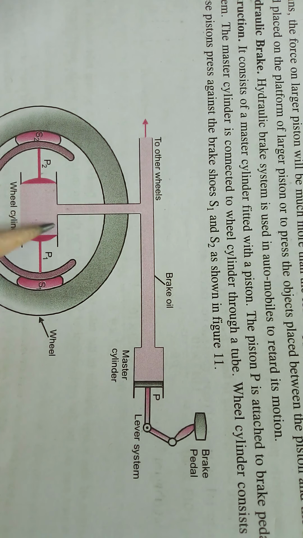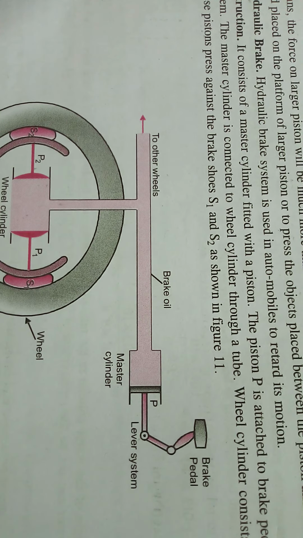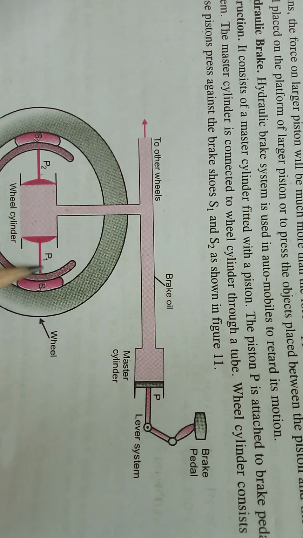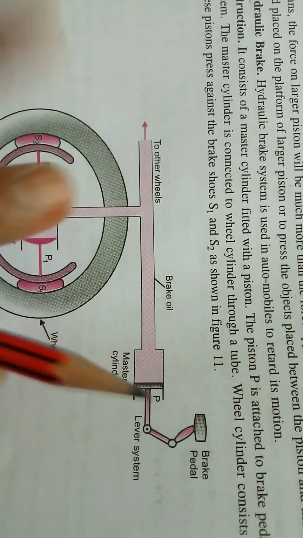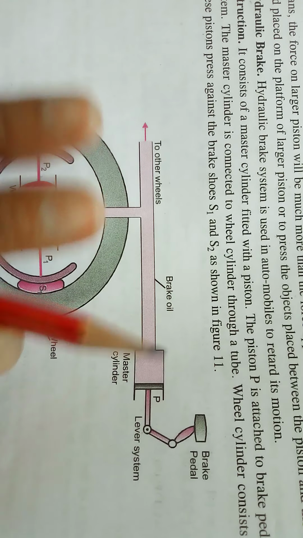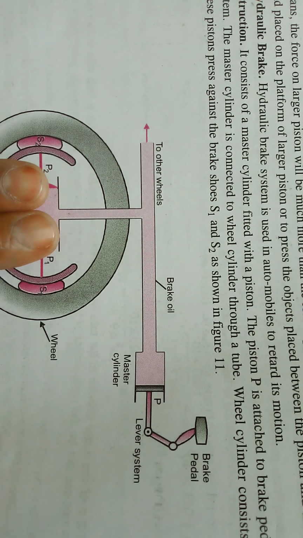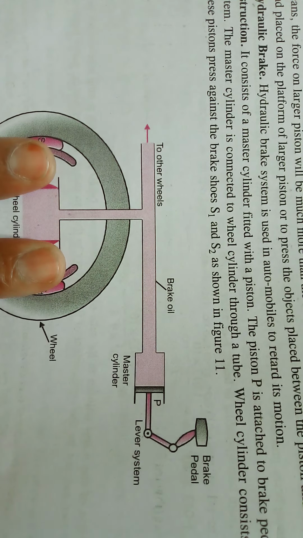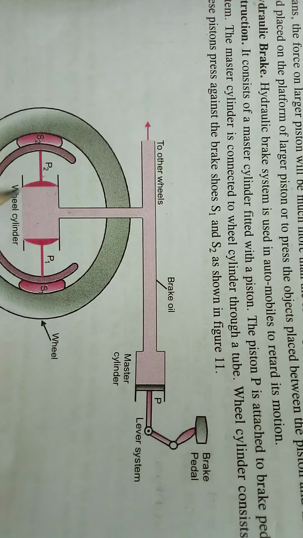When the quantity of brake oil in the wheel cylinder is greater, these pistons are moved in the outward direction and exert a pressure on S1 and S2.